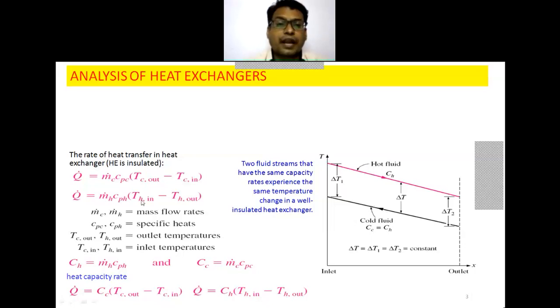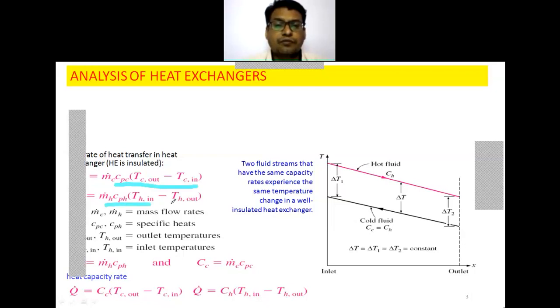So we can write the rate of heat transfer in the heat exchanger, Q, which is equal to m Cp delta T for the cold fluid and m Cp delta T for the hot fluid, that is Tc out minus Tc in.